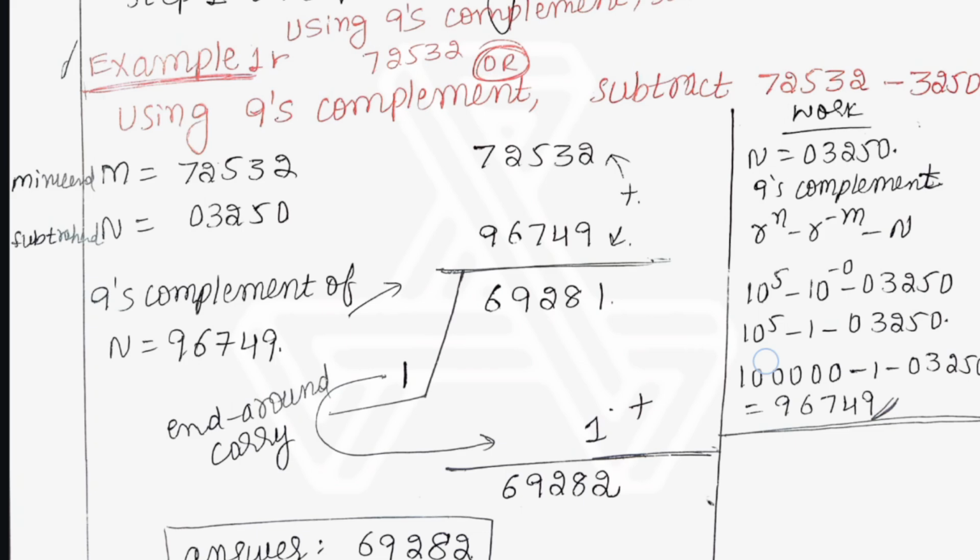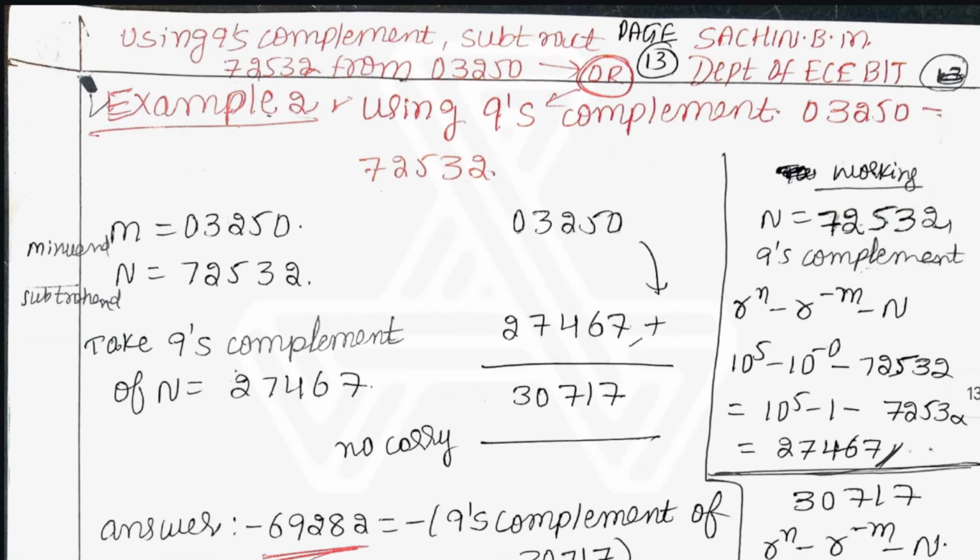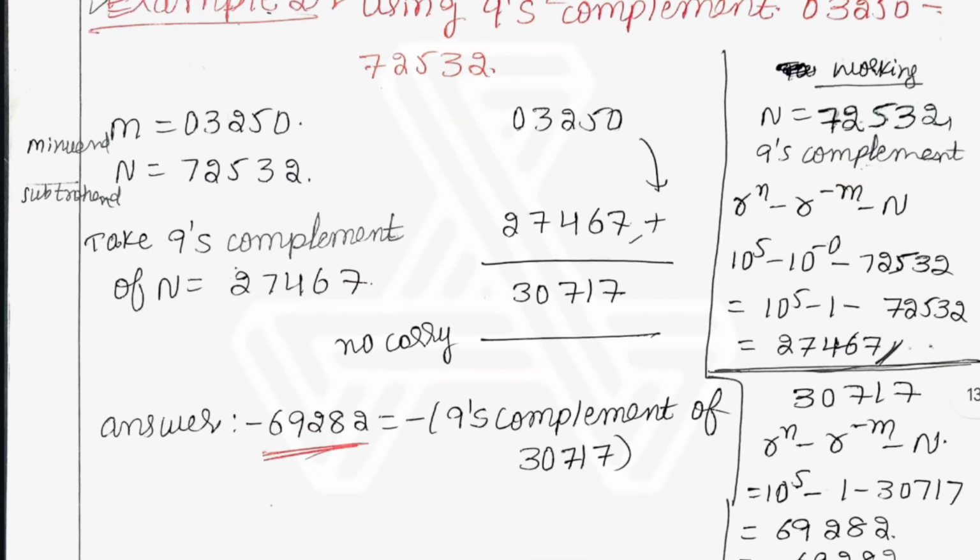The end carry should be added here. In r's complement it will be neglected, but here we should add it. That gives 69282, the 9's complement of the same thing but in a different way. Then we have to find the 9's complement of 72532: 10 power 5 minus 1 minus this number 72532, which gives us 27467. There is no carry.